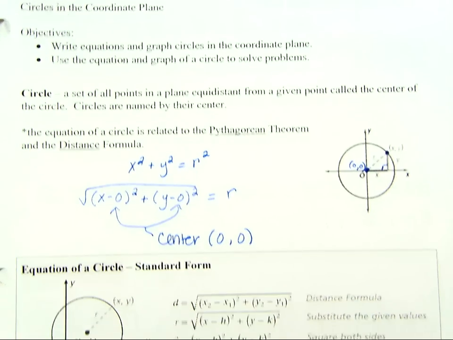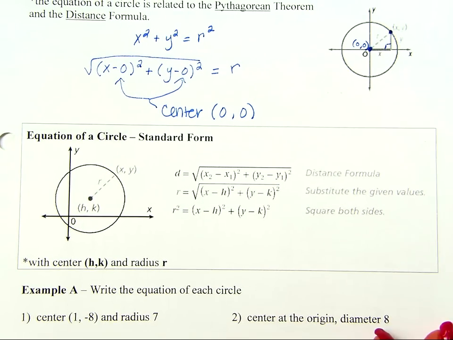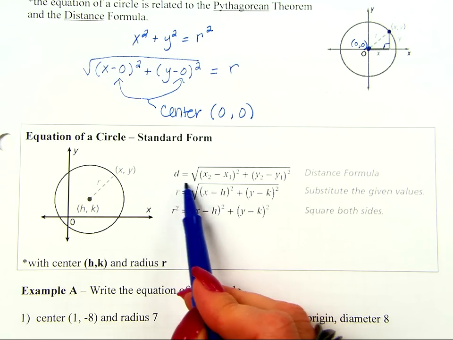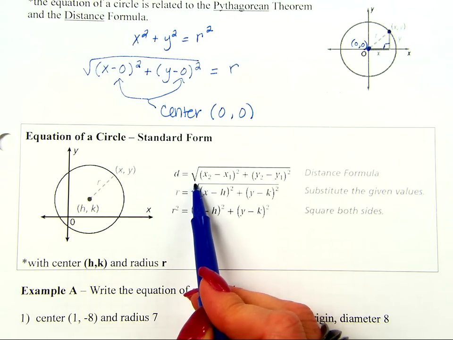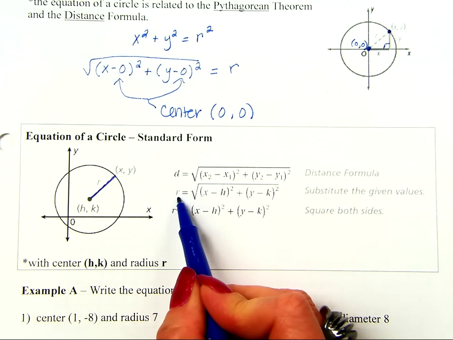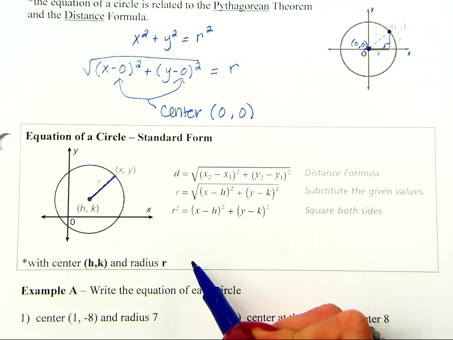Okay, so as you look down below, again, this is the standard form for our equation. They're showing, starting with distance formula, d equals the square root of x minus x quantity squared plus y minus y quantity squared. We know that that distance, d, would actually be our radius, and that one of those points is going to be our center point.